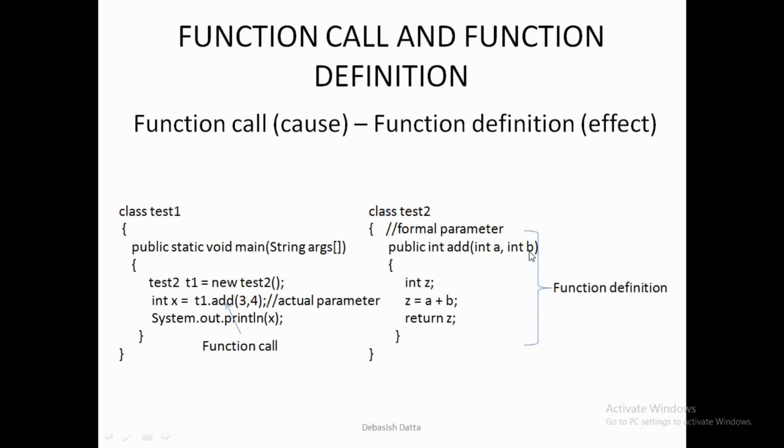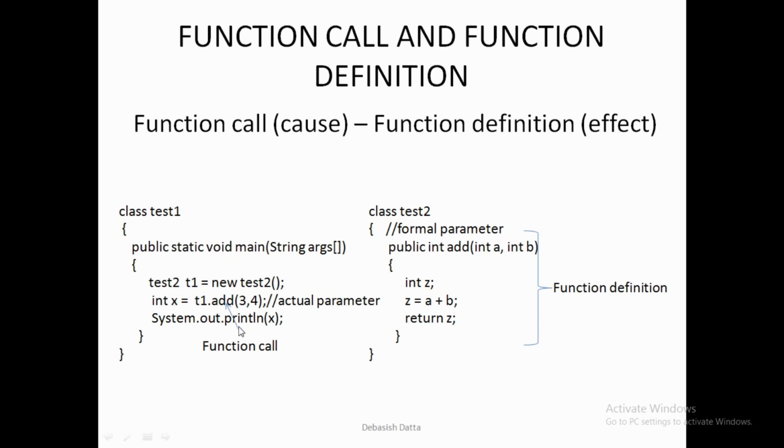These are known as formal parameters. To call a method or a function, we have to create an object of that class. Here the add function belongs to the test2 class, so we have created an object t1 of the test2 class, and using that object and the dot operator, the function call takes place.